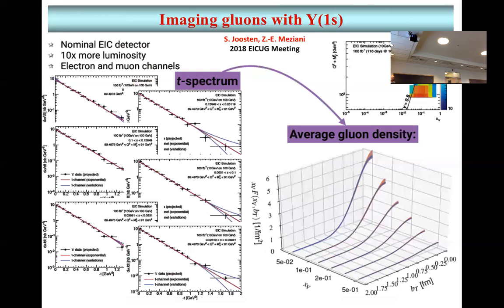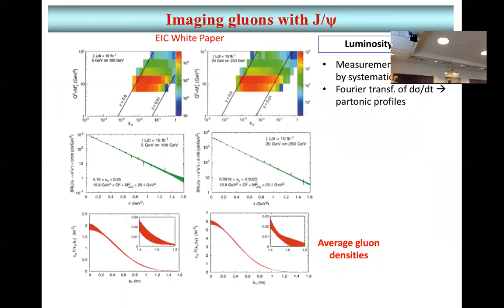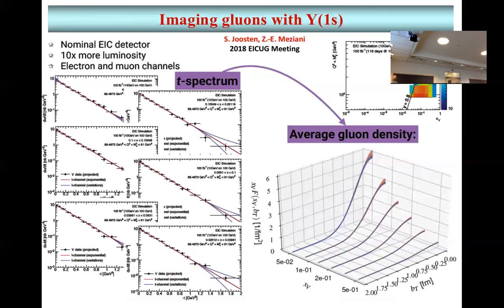All right, so back on this review, there is also a study for Upsilon, done by Zenedine and people from Temple. I take this slide directly from the group, and it shows that we can actually measure Upsilon very well here, assuming it's a heavy meson. We assume 10 times more luminosity than was assumed for the J/psi, and you can have very good statistics in each of these bins, and do the same Fourier transform that shows, as usual, these tiny errors.